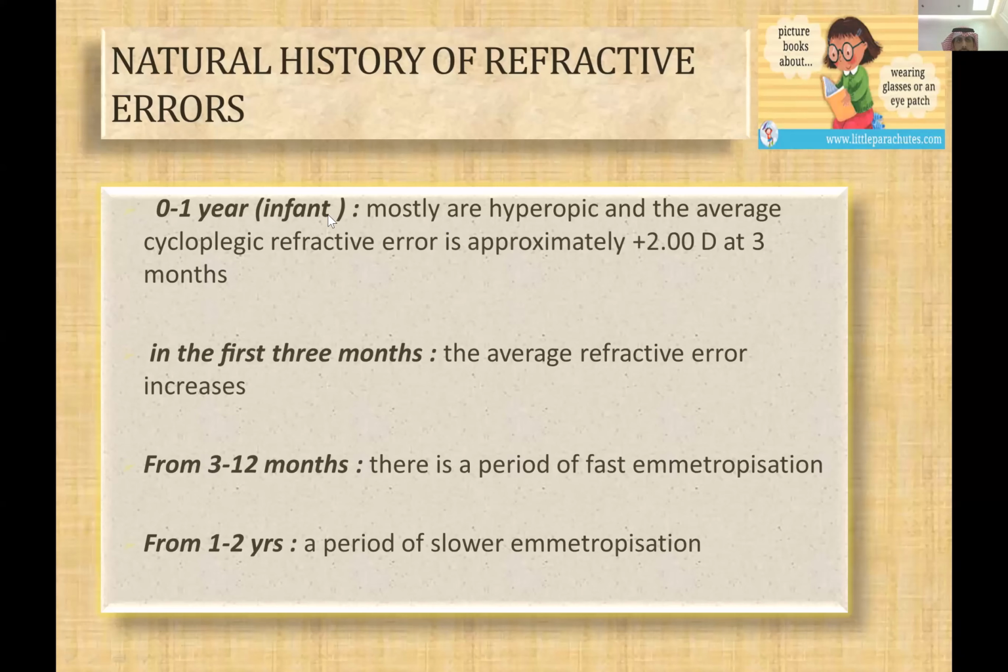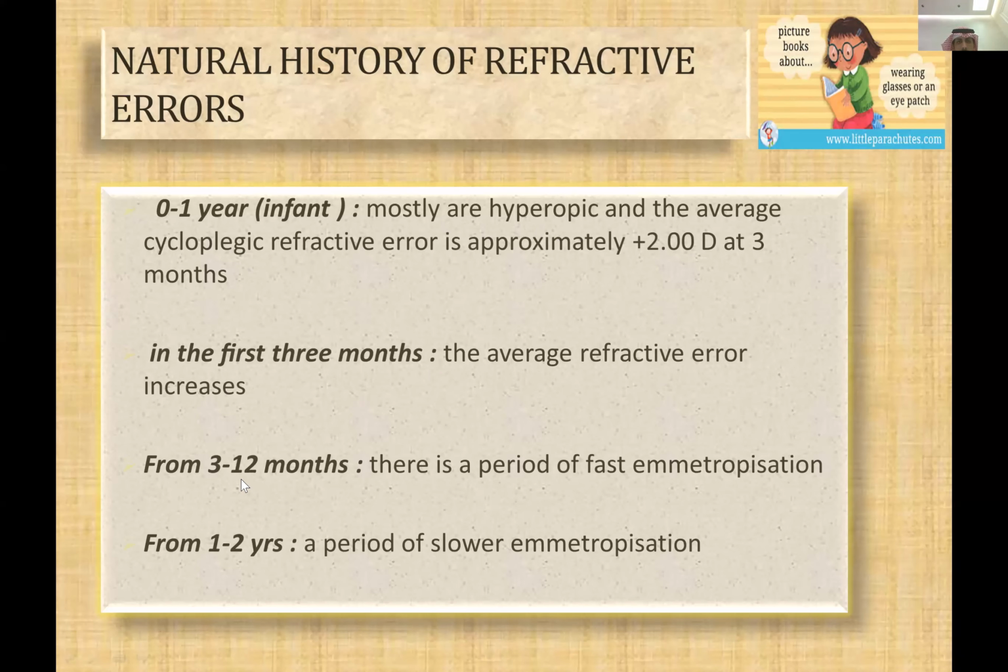So first, at birth, most infants are hyperopic, and the average cycloplegic refractive error is approximately +2 at 3 months. Then in the first 3 months, the average refractive error usually increases. This is a short period of increase in the spherical equivalent refractive error.